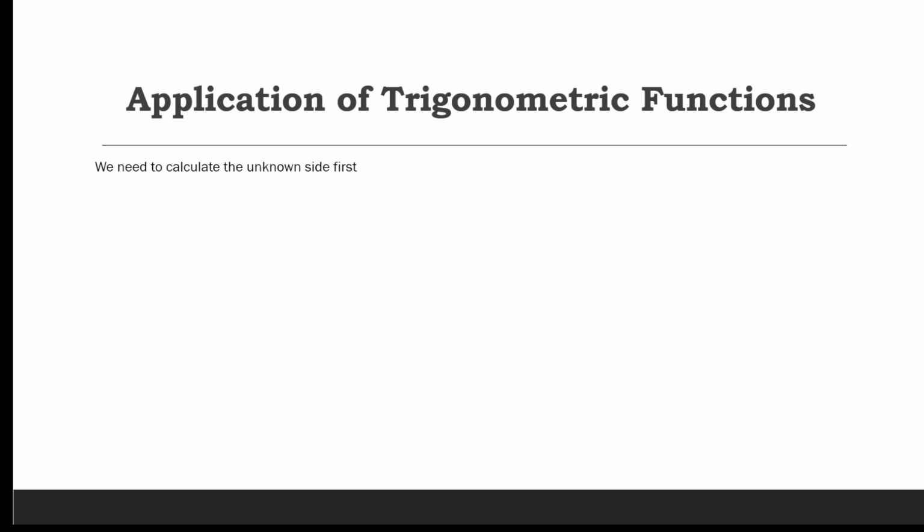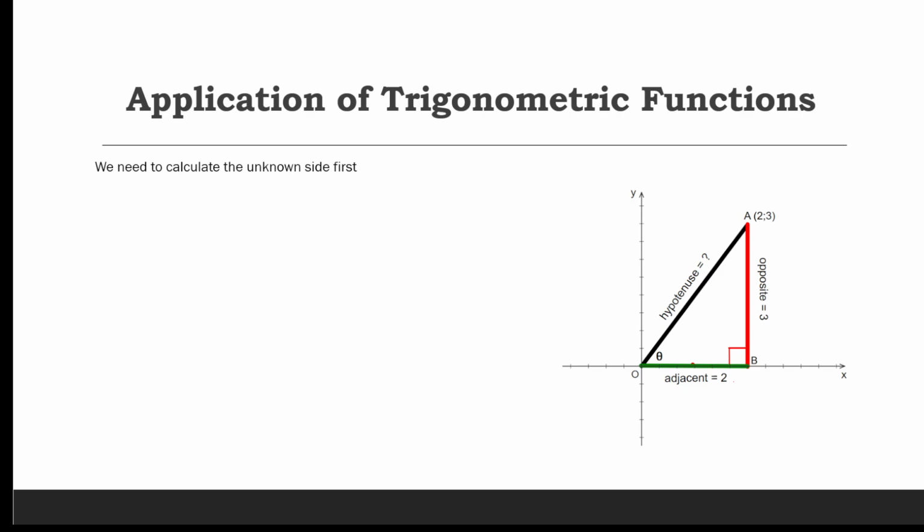We need to calculate the unknown side first before we can do any of the calculations we are requested to do. The hypotenuse side is unknown. We can use the Pythagoras theorem to calculate it. The Pythagoras theorem states OA squared equals AB squared plus OB squared.